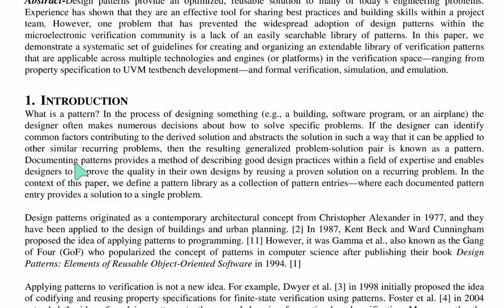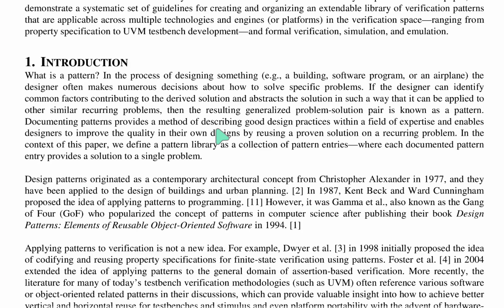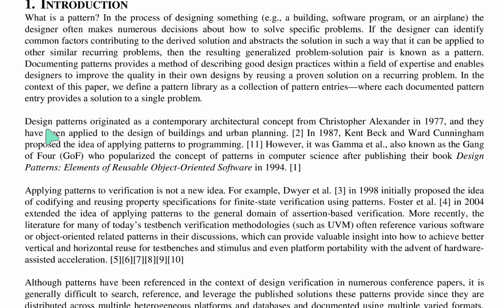In the context of this paper, we define a pattern library as a collection of pattern entries, where each documented pattern entry provides a solution to a single problem. Design patterns originated as a contemporary architectural concept of Christopher Alexander in 1977, and were applied to the design of buildings and urban planning.